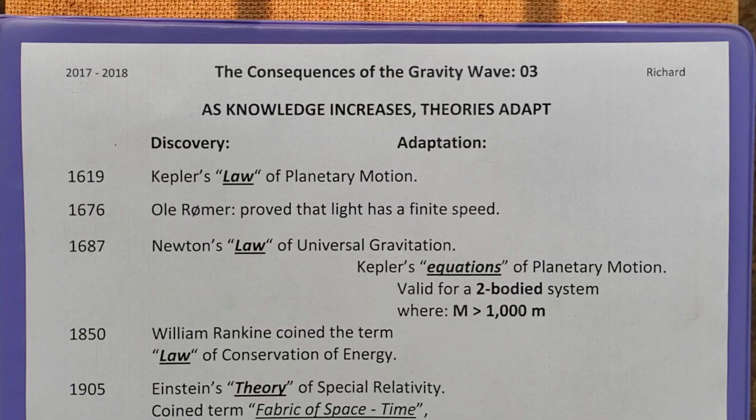In 1619, Kepler published his law of planetary motion. 57 years later, Ole Romer proved that light had finite speed. In 1687, Newton published his law of universal gravitation, demoting Kepler's planetary motion from an unquestionable law to a set of equations valid for a two-body system where the primary mass is over 1,000 times greater than the secondary mass.